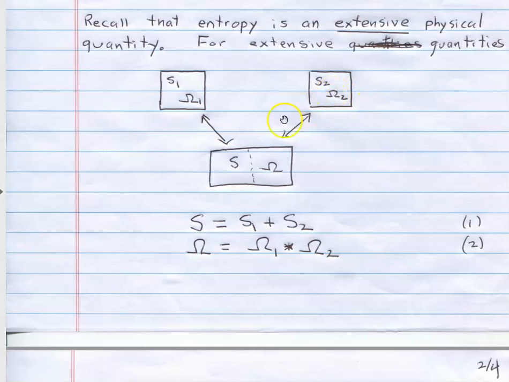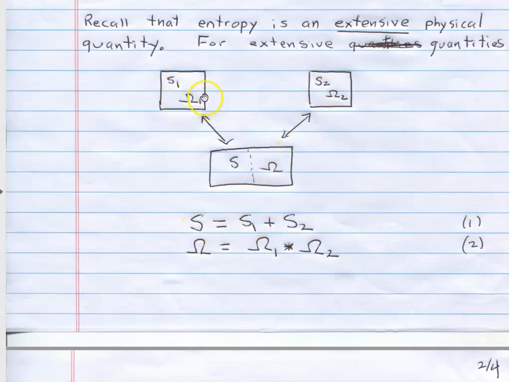If we combine those, maybe have a partition between them and then break the partition, it becomes a system of entropy S and total accessible states omega. Since entropy is an extensive quantity, S1 plus S2 has to equal S.